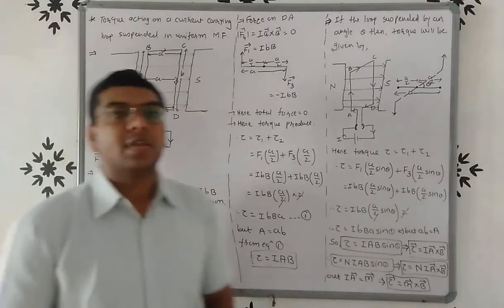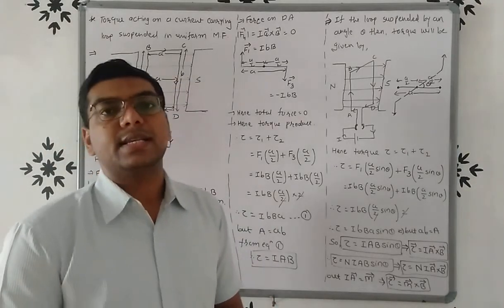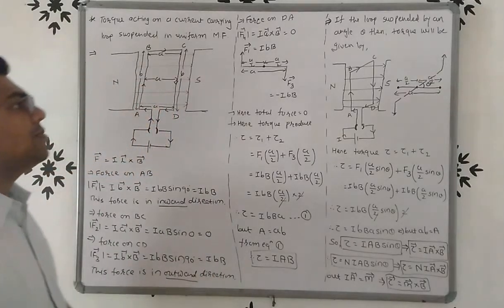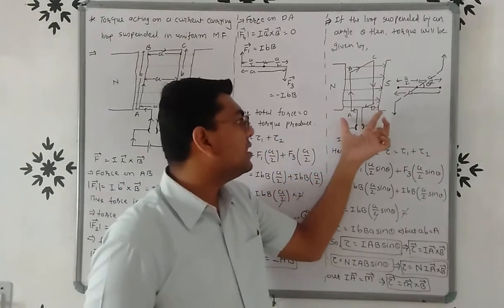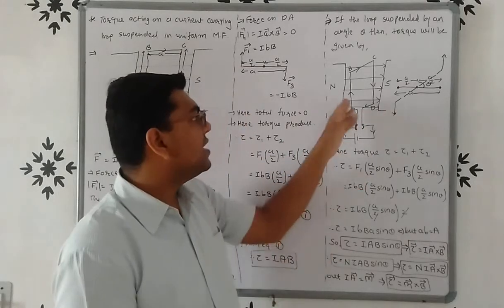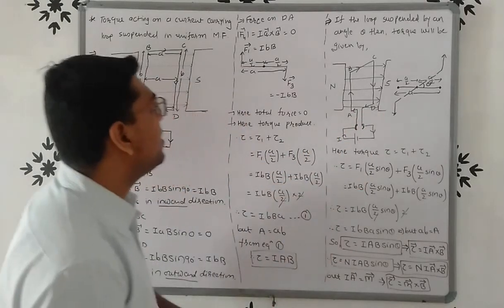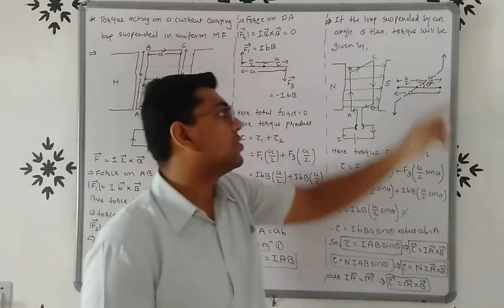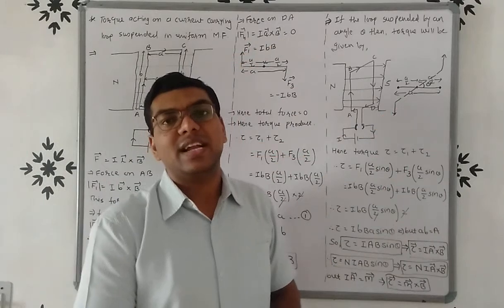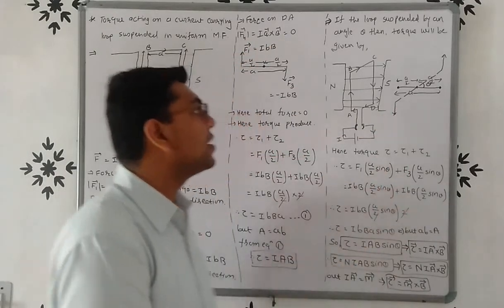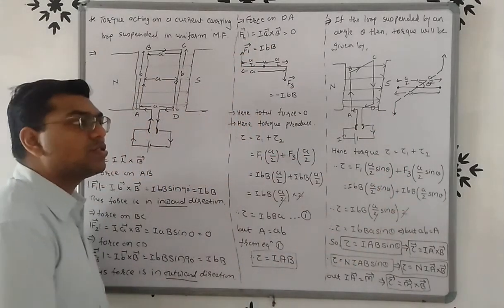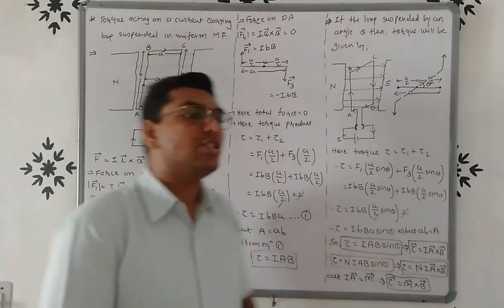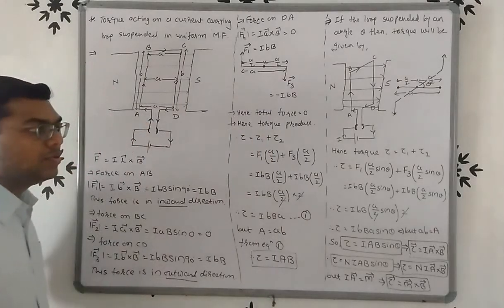Now if the loop is suspended by an angle theta, then the torque will be given as shown in the figure. You can see that the loop will be suspended by angle theta. So the torque tau is equal to tau 1 plus tau 2. Tau 1 is due to force F1 and tau 2 is due to force F3.